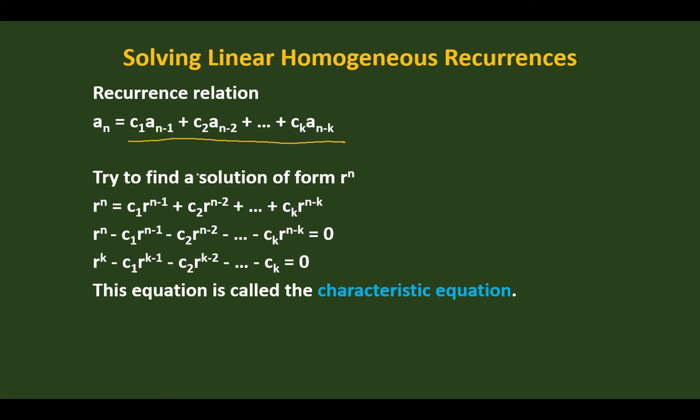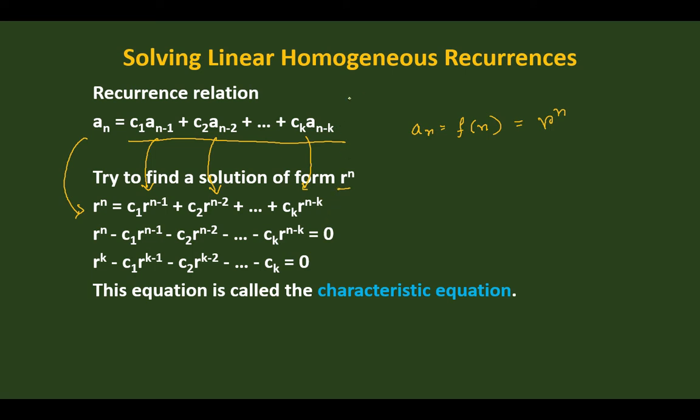So what we are going to do is find a solution of the form r to the power n. That is, an can be regarded as f of n as well. Then this would be written as r to the power n, plus c1 r to the power n minus 1, then c2 r to the power n minus 2, and this will go on to ck r to the power n minus k.